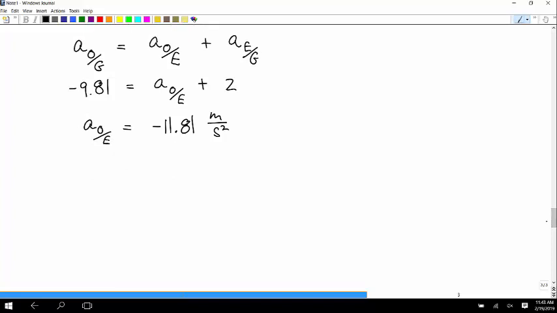So for example, you could write the acceleration of the elevator relative to the ground is equal to the acceleration of the elevator relative to the object plus the acceleration of the object relative to the ground.